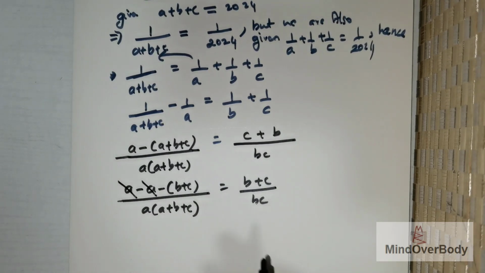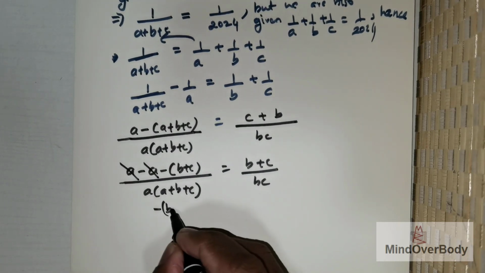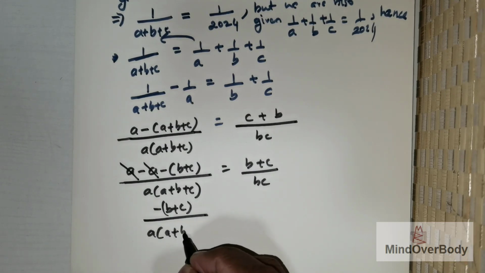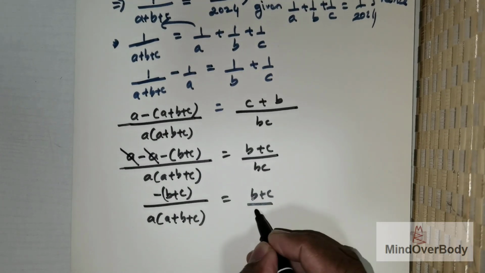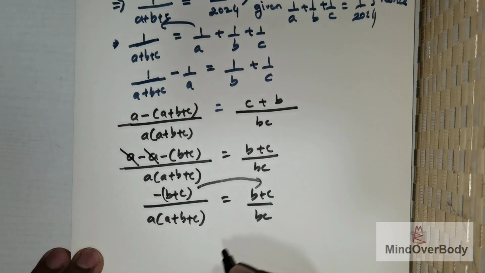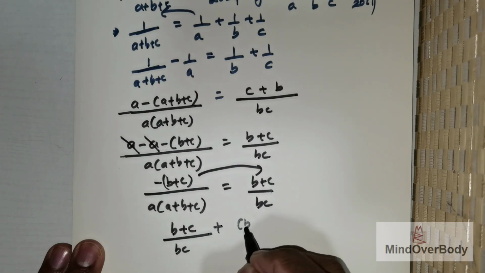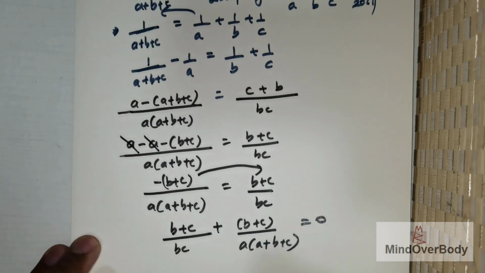Positive a and negative a can be cancelled, giving me -(b + c)/(a(a + b + c)) = (b + c)/bc. I'm moving the left to the right and rewriting the terms as (b + c)/bc + (b + c)/(a(a + b + c)) = 0.